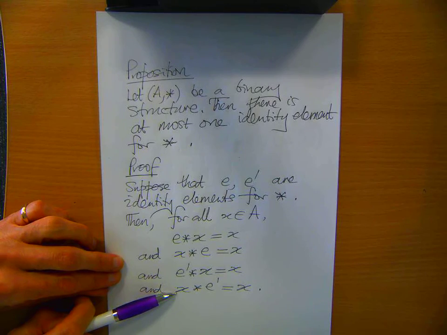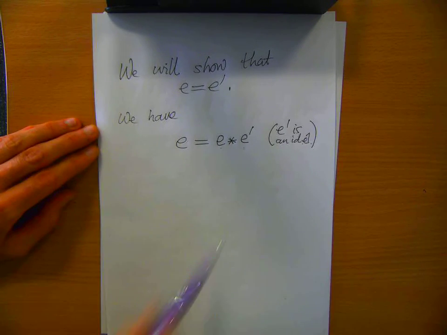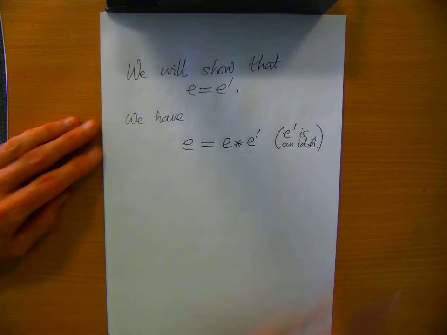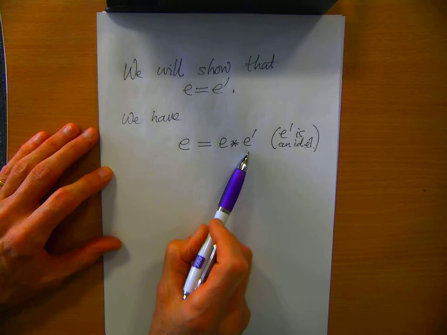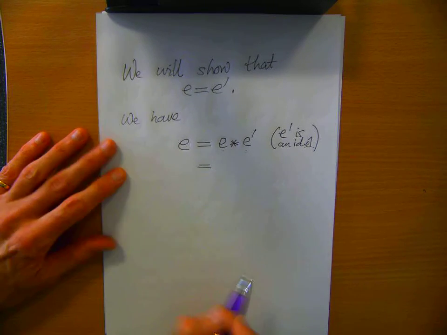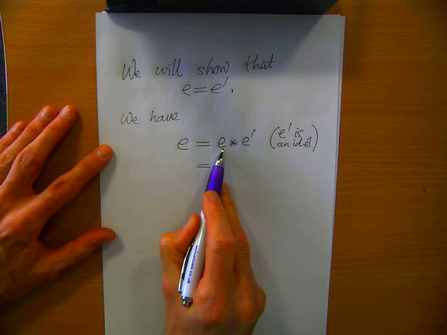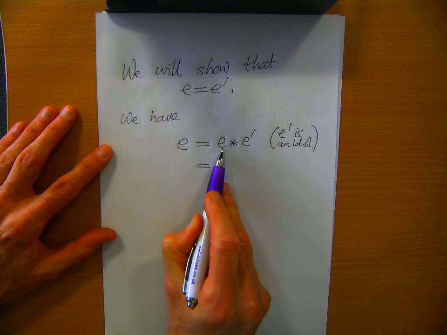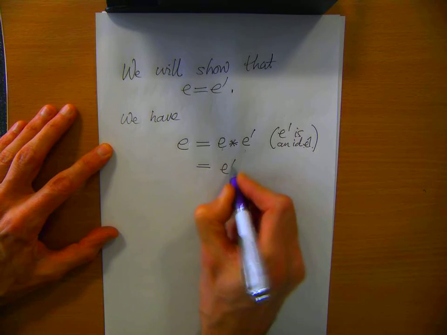So replacing x by E gives us this. In fact, all I've done is use the fact that E prime is an identity on the right. But now I use the fact that E is an identity element. If I multiply anything by E where the E comes in front, I just get the anything back. So that's E prime using the fact that E is an identity element.